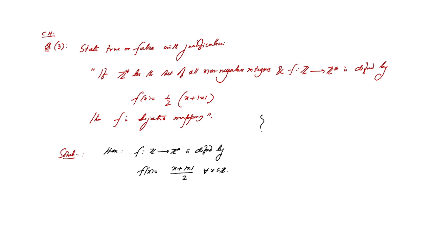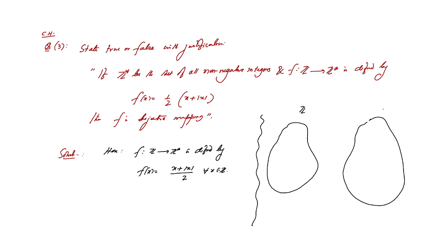Now we are trying to check. This is your Z and this is your Z star: 0, 1, 2, 3, 4, 5, 6 and so on, and minus 1, 0, 1, 2, 3, 4, 5, minus 2, minus 3, minus 4 and so on.